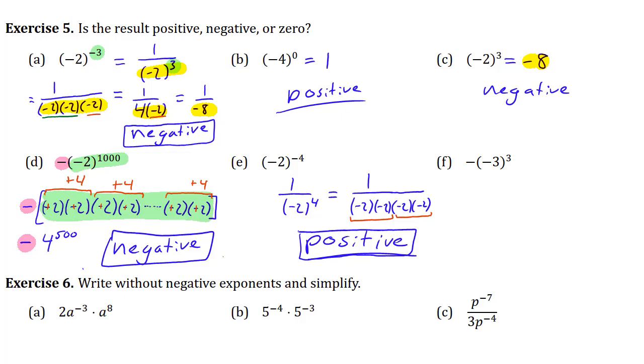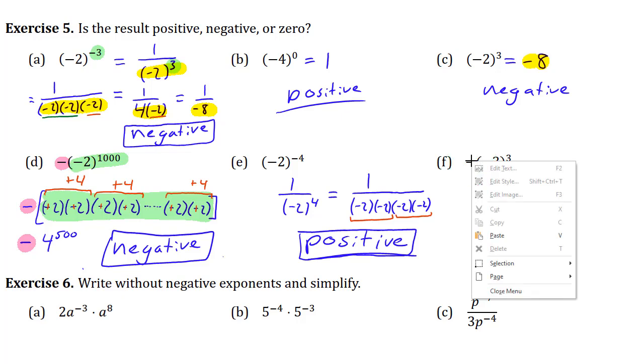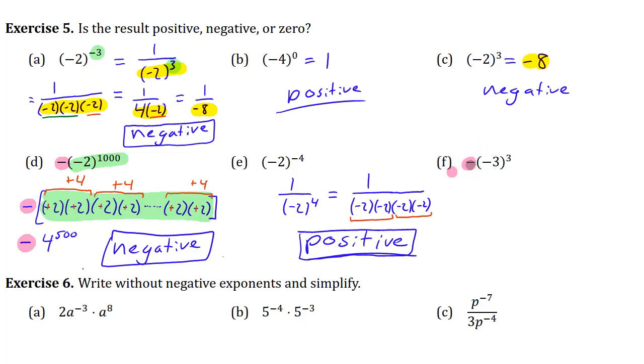How about this last one? How about negative 3 to the negative 3? Let's deal with that first. I'm going to leave that negative on the outside alone. Then we're just going to look at negative 3 times negative 3 times negative 3. Two of these are going to pair up to make positive 9.